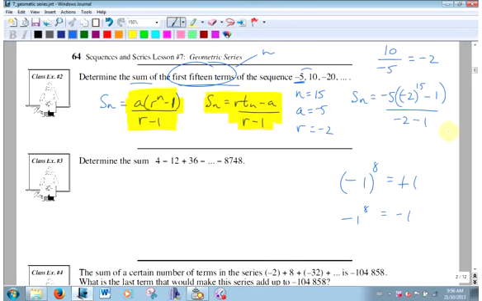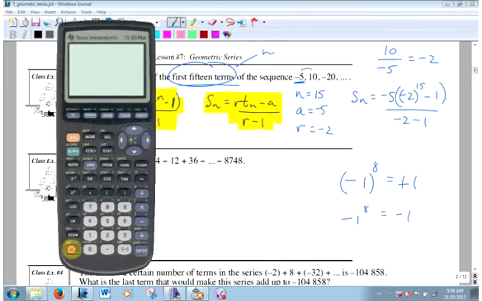(-2) to the power of 15 minus 1 times 5. That's how I'm going to want to put that in my calculator. Okay? Bracket, -2, bracket, to the power of 15 is that. Minus 1 is that. Times -5 is that.